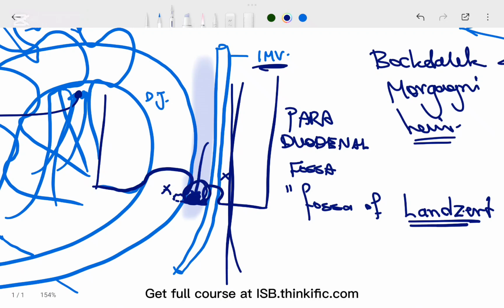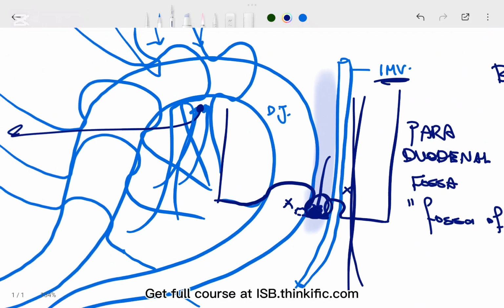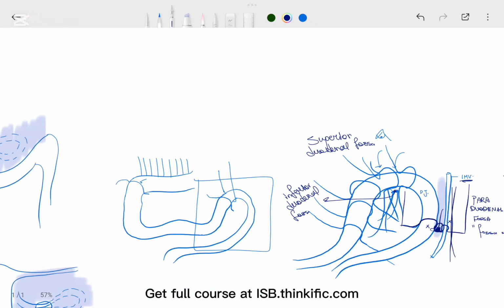So you cannot divide the neck. What you do is decompress the bowel. You introduce a needle into the distended bowel, decompress it to allow it to collapse, and then you can move it out.